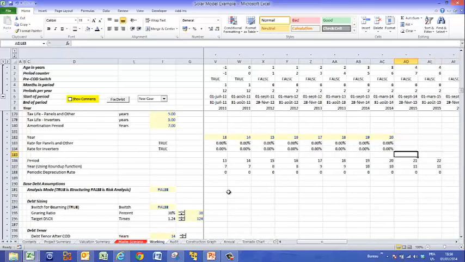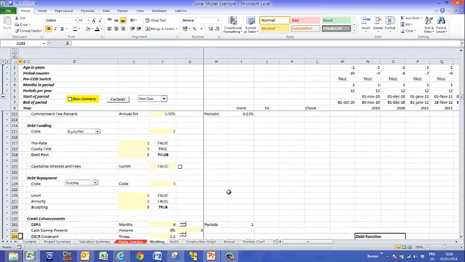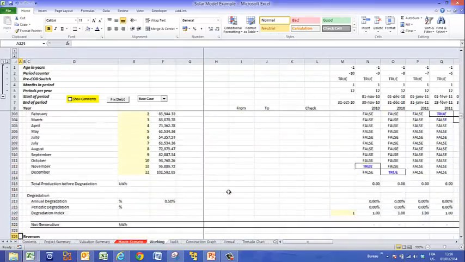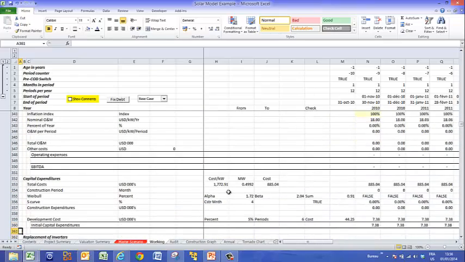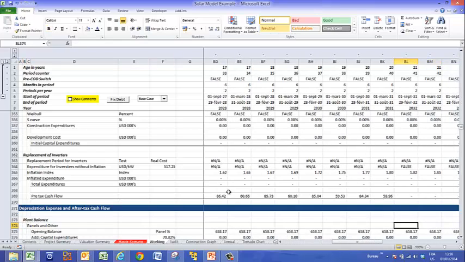We put a different depreciation rate on the inverter replacement. We put a capital expenditure in for the inverter replacement.